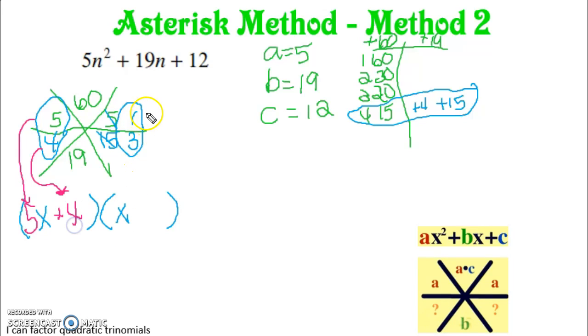So add 4. And remember, this top number is the coefficient. It's 1. We don't have to write that. It's assumed. And the bottom number is the second term. So 5x plus 4 times x plus 3, those are your two factors of this quadratic. I hope this helps, and I hope you'll have a great day.